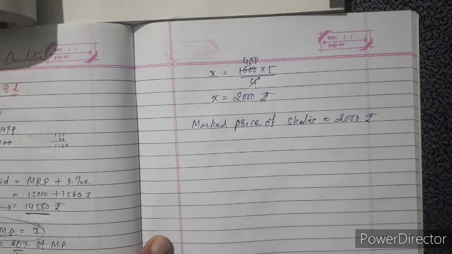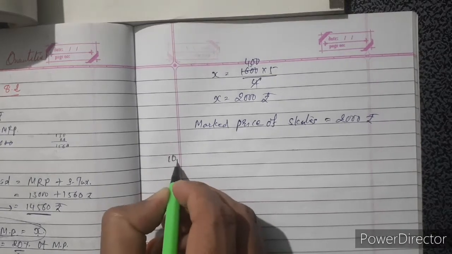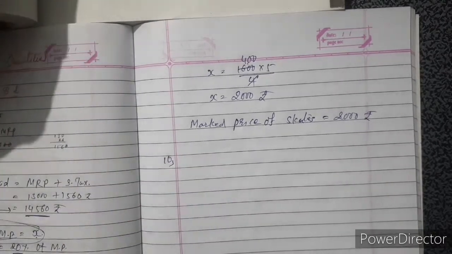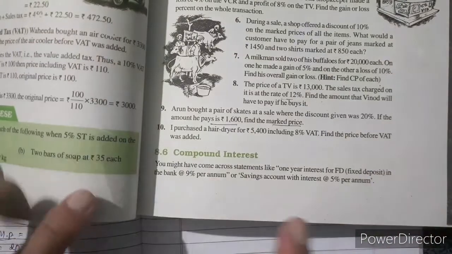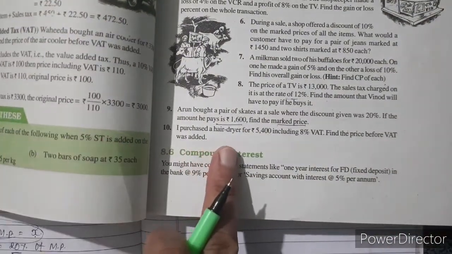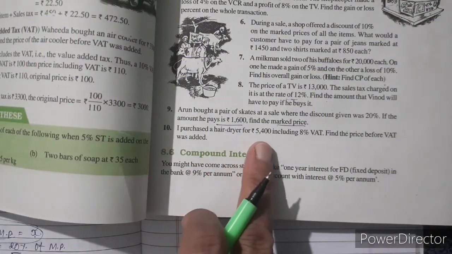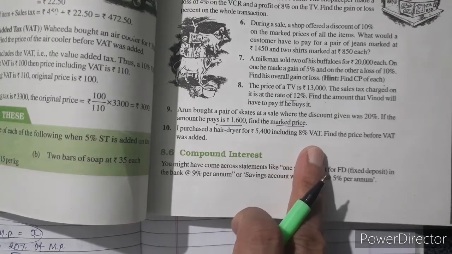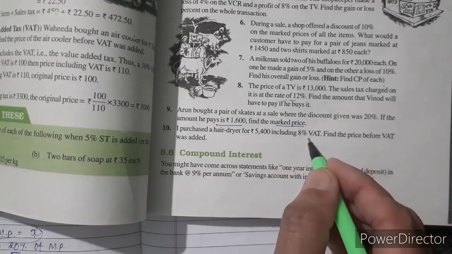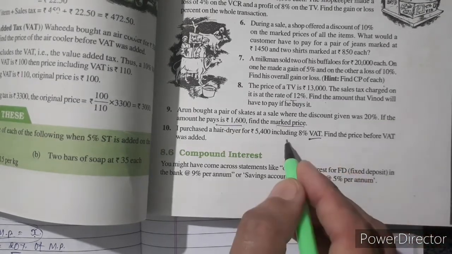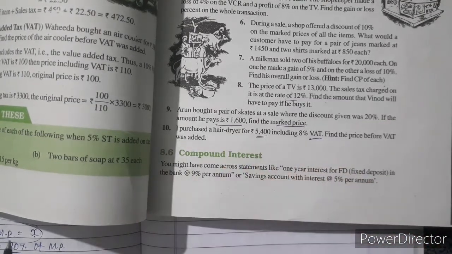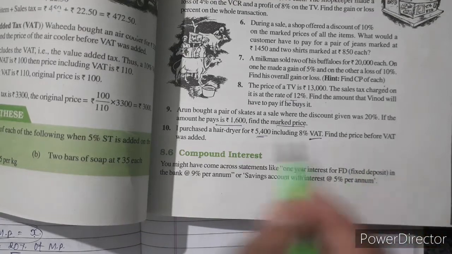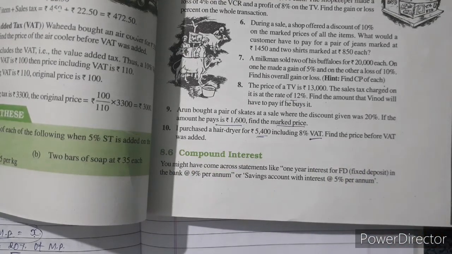Number 10: I purchased a hairdryer for 5400 including 8% VAT. VAT means value added tax, meaning tax is included in that. So find the price before VAT was added. Before VAT means without VAT.